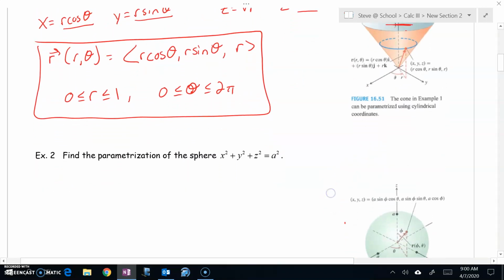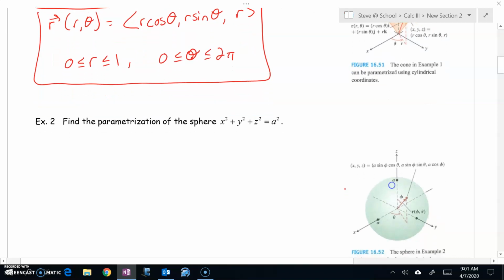Okay, so let's look at the next problem. Find the parametrization of a sphere. x squared plus y squared plus z squared equals a squared. Now the nice thing is, a is the radius, so it's already a constant. It's not a variable. Again, if you go back to your spherical equations, I'm going to use spherical coordinates. Spherical equations were r cosine theta sine phi.